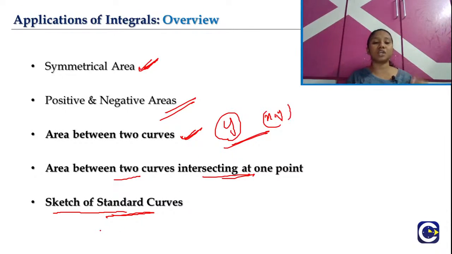By looking at the curve itself, we can identify that this is the standard curve and this will be its shape, and we can directly plot or sketch the graph. To make it even easier and to save our time, we can go with the sketches of standard curves.